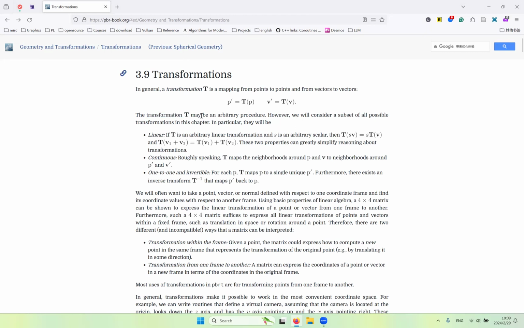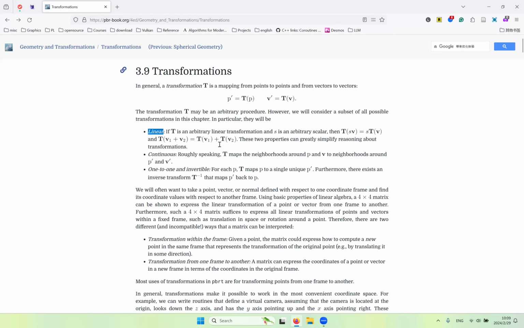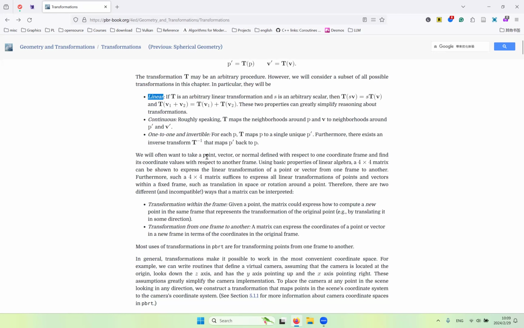The transformation itself can be arbitrary, but here we talk about the subset that can mainly be represented by matrices. So it needs to be linear. And also we want to have its inverse, so it needs to be one-to-one and invertible.